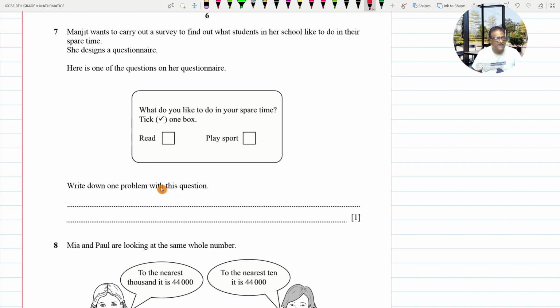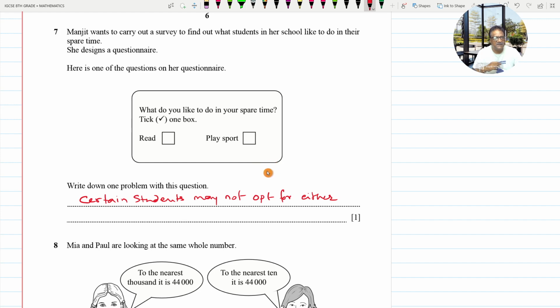So I'll write the answer as: certain students may not opt for either, isn't it? I mean, there may be students who are not doing either reading or playing sport in their spare time. So there may be students who may not opt for either.